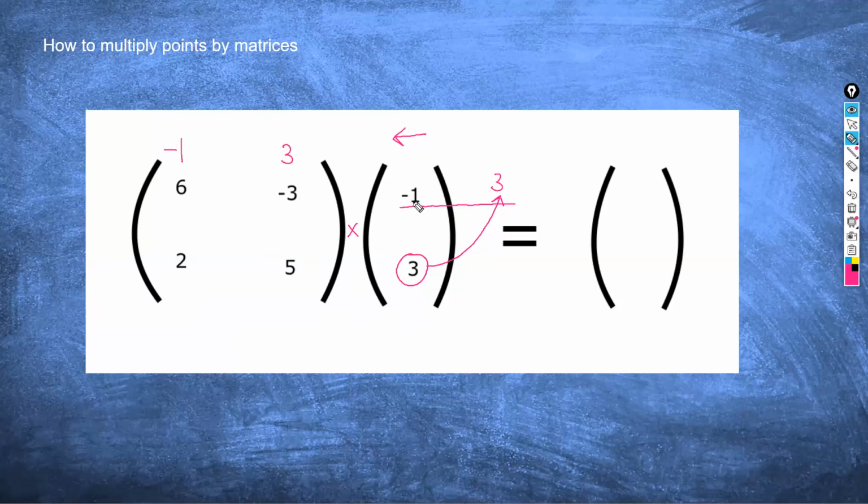You're keeping the same order. Everyone do that for me. So the -1 and 3 walk to the left until they are above the 6 and the -3. The -1 and 3, I want you to photocopy it underneath here as well. So the -1 and 3 in pink get photocopied across the underneath section as well.